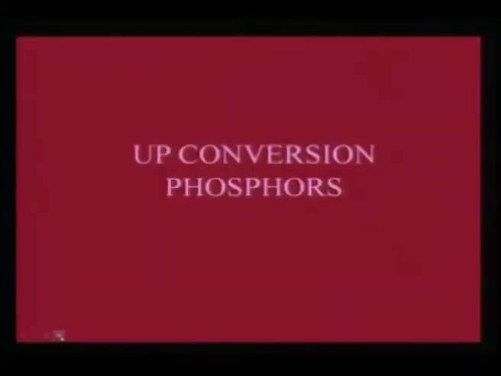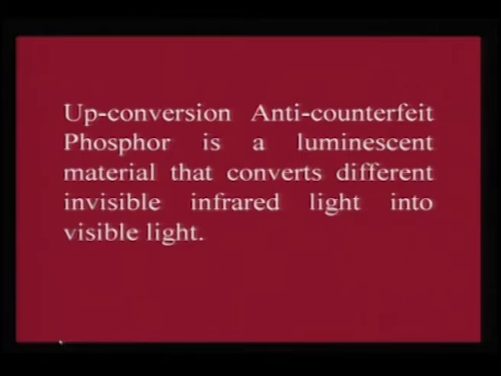This is actually the Stokes law or Stokes lines, which we have learnt from spectroscopy, but up conversion phosphors are actually anti-Stokes phosphors, because they take energy in the lower nanometer range, but they actually emit a higher energy emission, and therefore these up conversion phosphors are also called anti-Stokes phosphors.